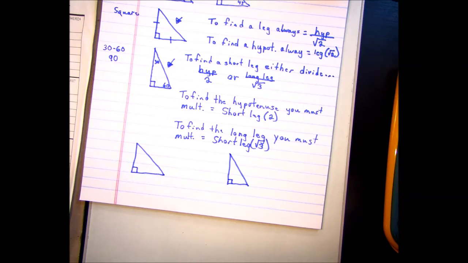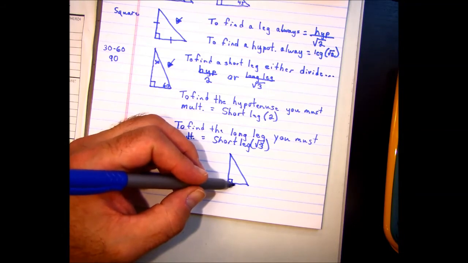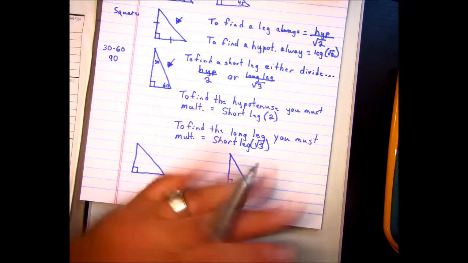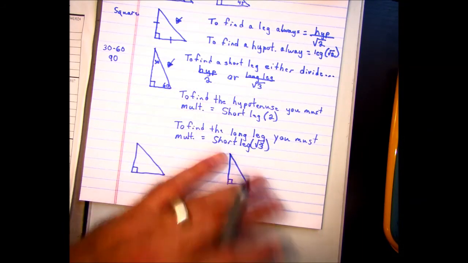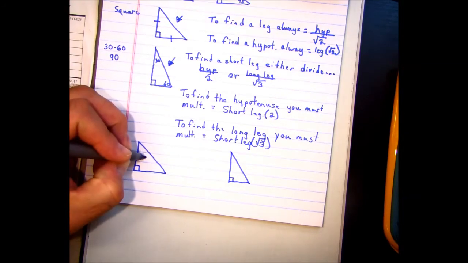Now the 45, 45, 90 is easy. All right. The tricky one is the 30, 60, 90. I've got to try and turn it so that I always have the short leg on the bottom. Okay? So that means my 30 is always up here. Which means I've got to rotate things a little bit from the original picture, but I always draw my same picture. And then I always do this.